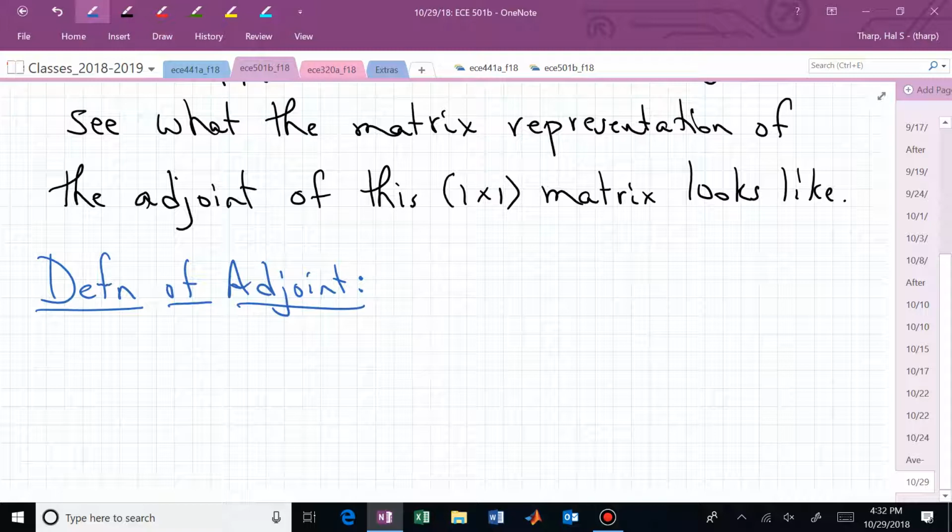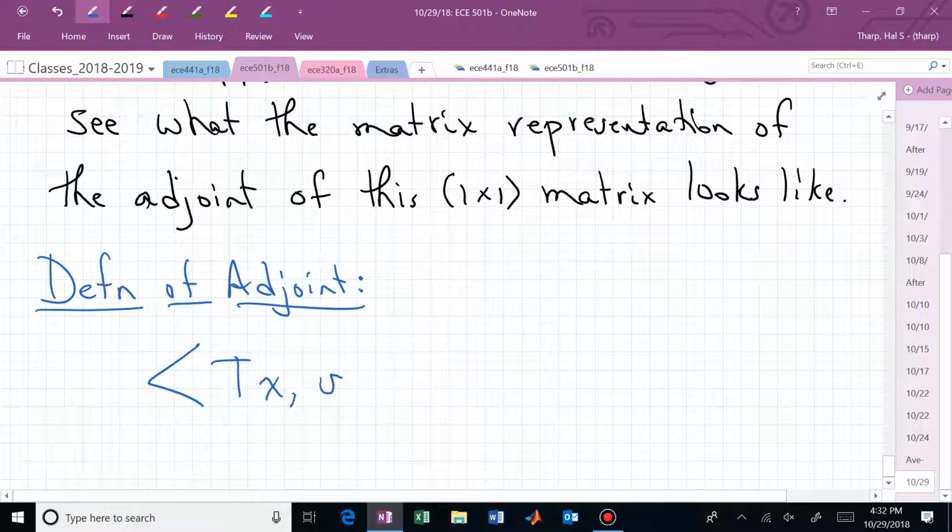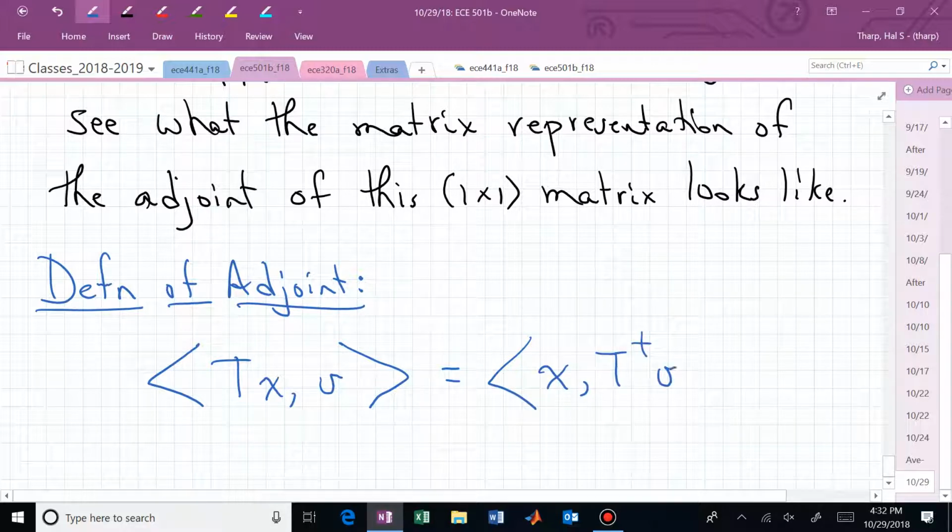So it hinges on this inner product. So let's now say that from the definition of the adjoint, we have Tx comma v, and what does the definition of the adjoint allow us to write? What's that equal to? x comma T dagger v.